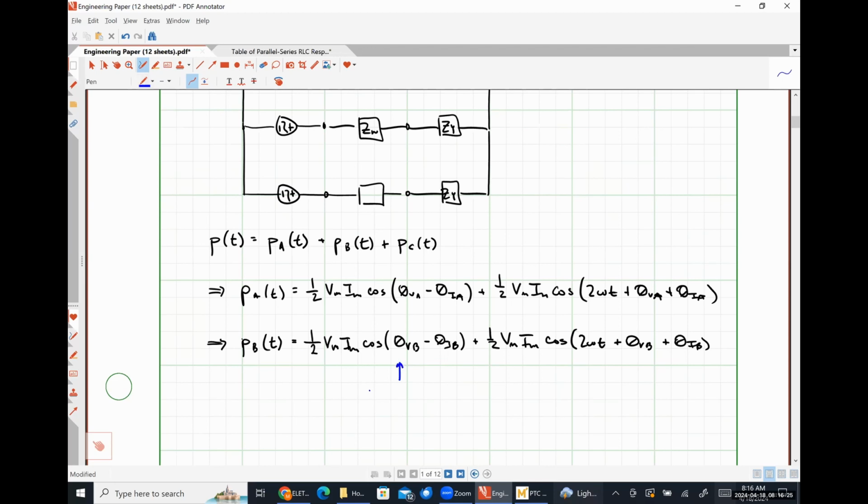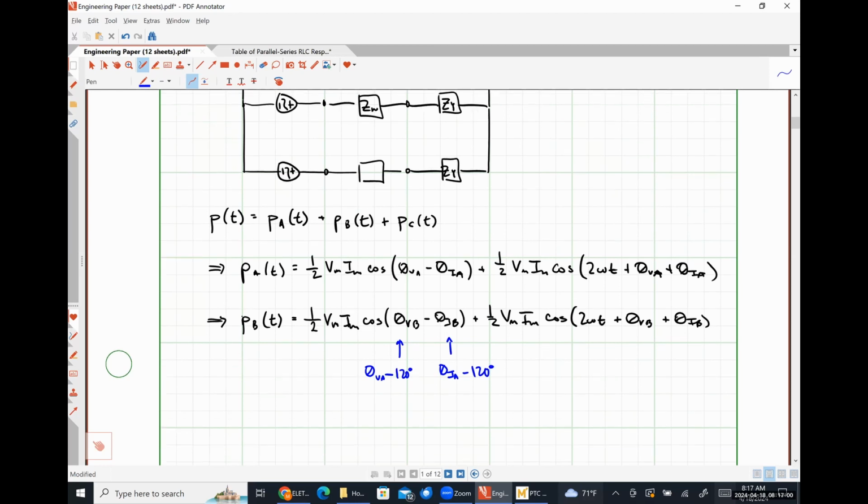This guy right here is theta VA minus 120 degrees. This guy right here is theta IA minus 120 degrees. So when I subtract theta IB from theta VB, what am I going to get? I'm going to get theta VA minus theta IA again. The 120 degrees phase separations on both the voltage and the current are going to wind up canceling each other out.